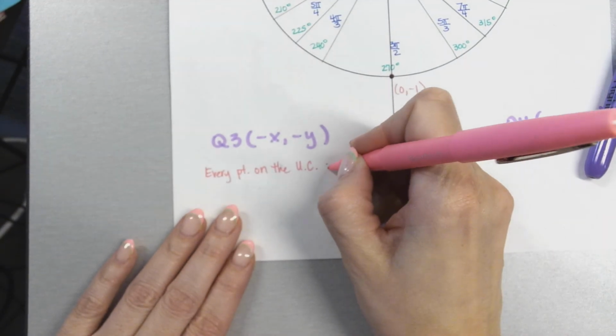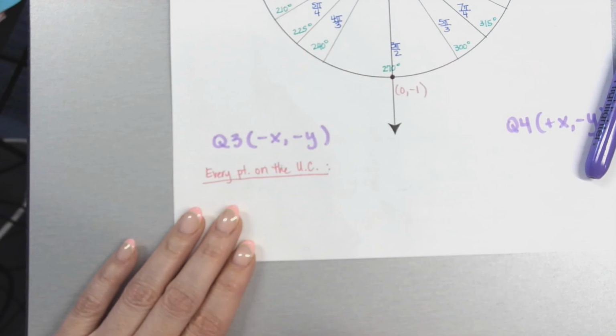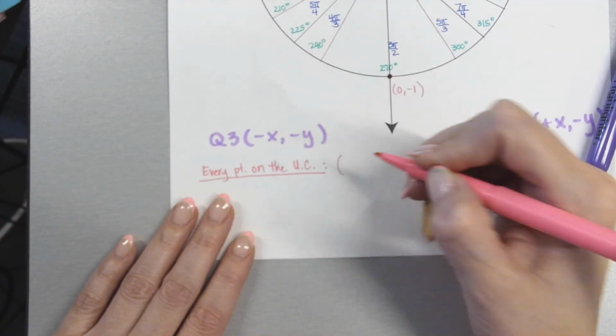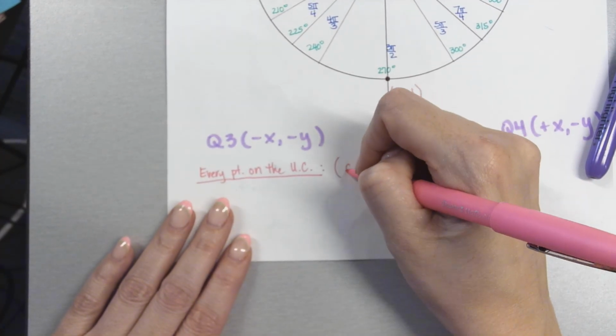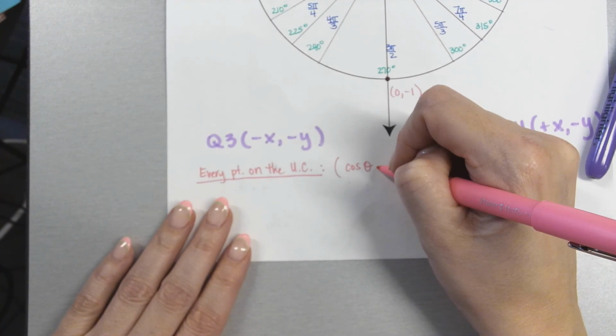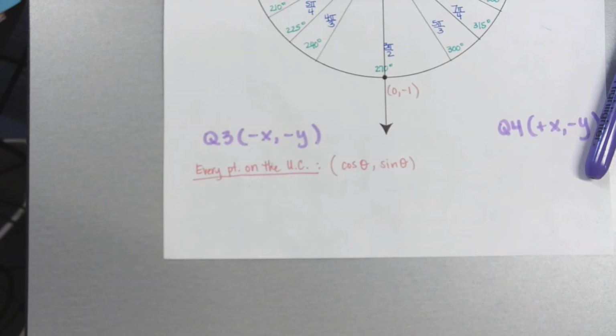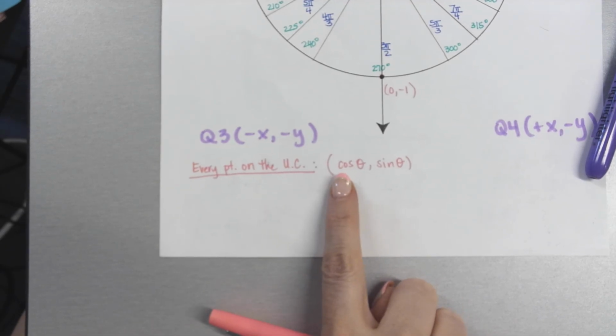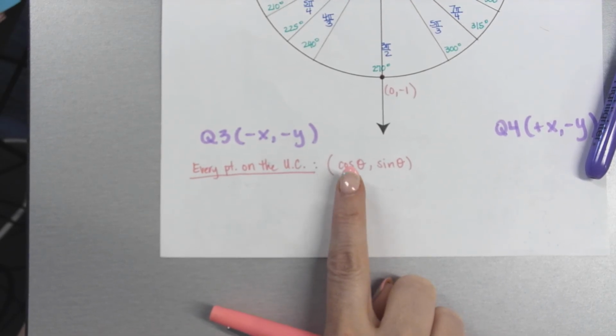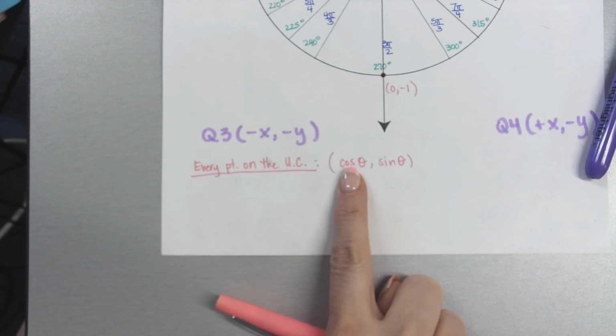Okay, so every point that is on the unit circle has the form cosine of theta, sine of theta. Okay, so every point that we wrote down, we were thinking of them as x and y.